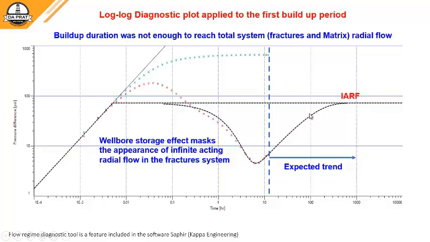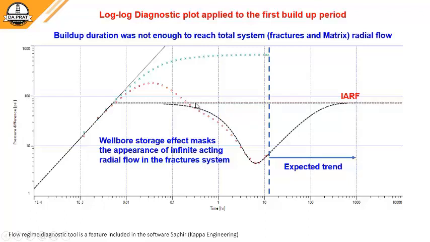Here, I don't see radial flow because there is still a wellbore storage effect. Even though it's minimized, it masks it, so you don't see a horizontal line here, although it is there if you take out the wellbore storage contribution.